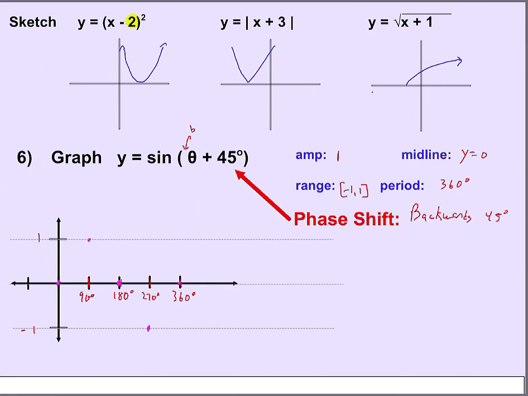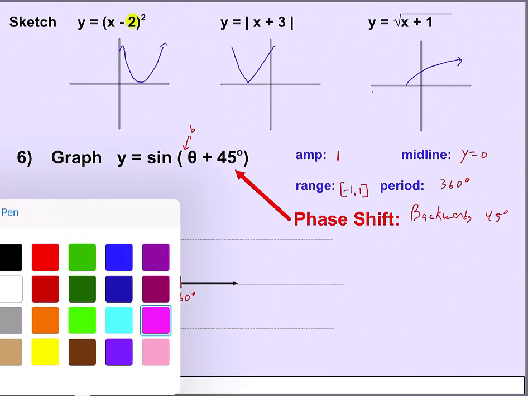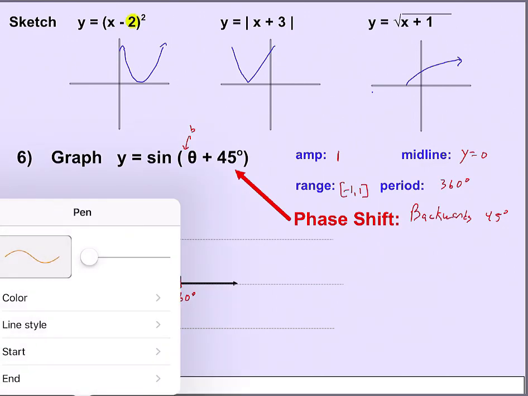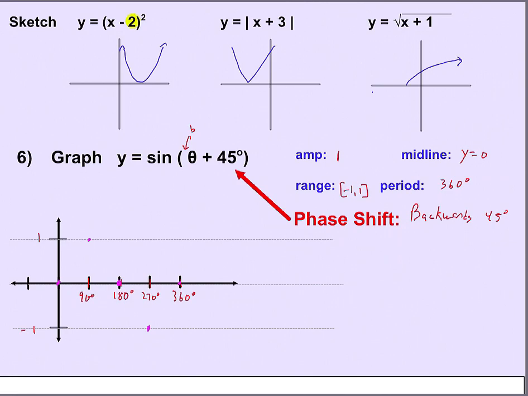Every single one of those dots needs to be moved backwards 45 degrees. This is why labeling the x-axis is important. I know that each quadrant is 90 degrees, so 45 degrees will be exactly half of a quadrant. So every single one of these points will be moved backwards exactly half a quadrant.